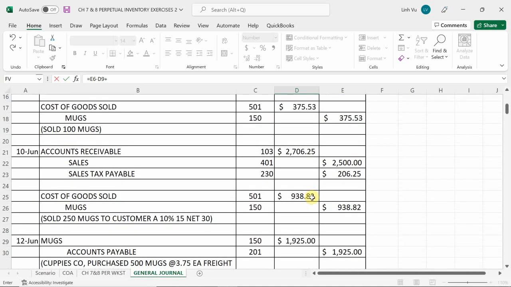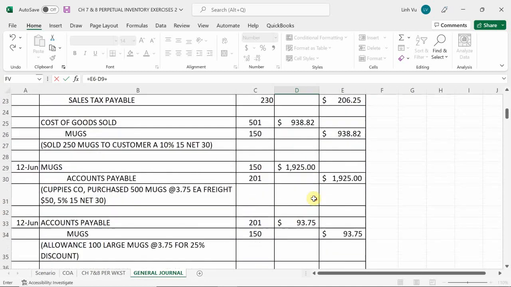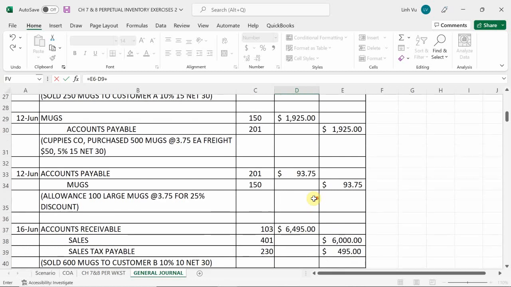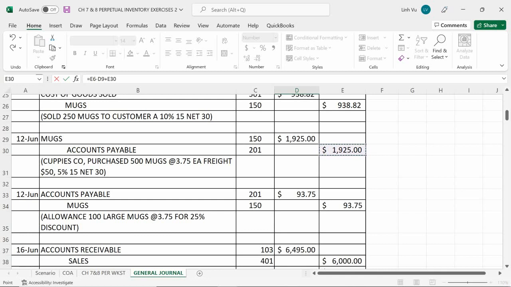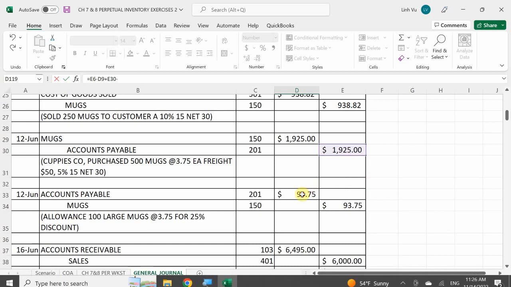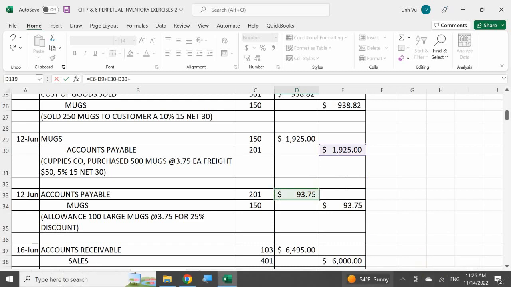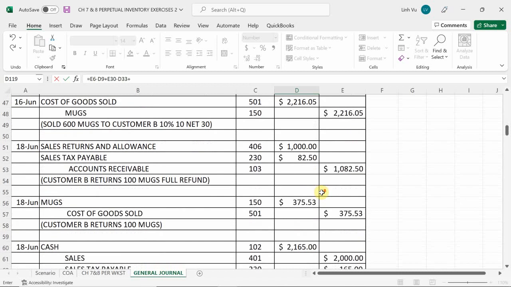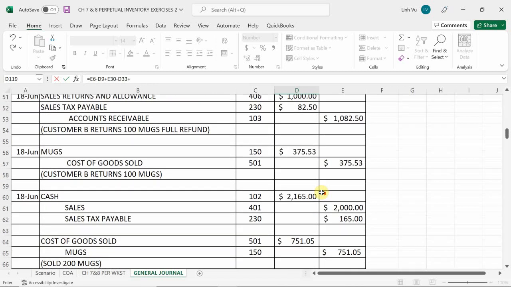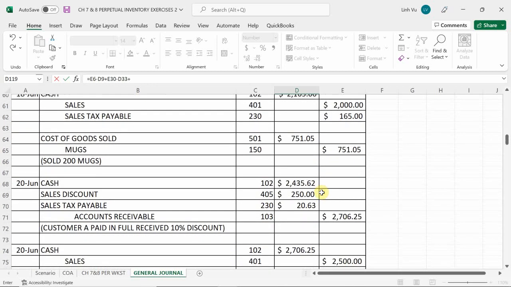Then on June 12th, I purchased 500 mugs at $1,925. However, I got a discount of $93.75, or an allowance, because 100 of those mugs were the wrong size.